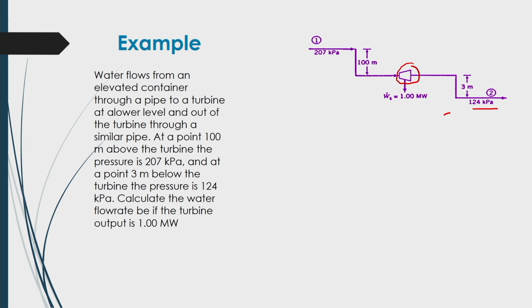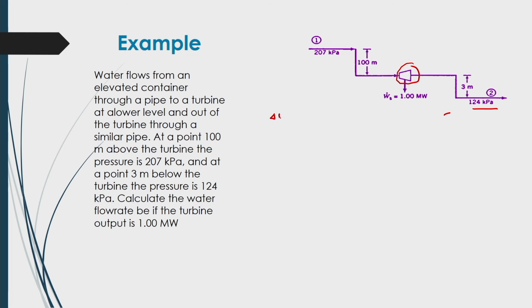Now, how to calculate these things? Again here you can apply the mechanical energy balance equation to calculate this water flow rate. First, as per the problem, you have to see whether there is any kinetic energy or not. Here the velocity will be the same, since we are using the same cross sectional area of the pipe.